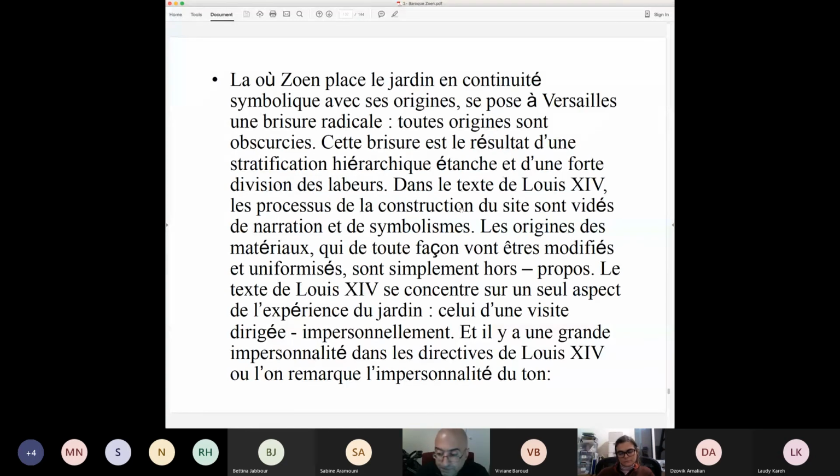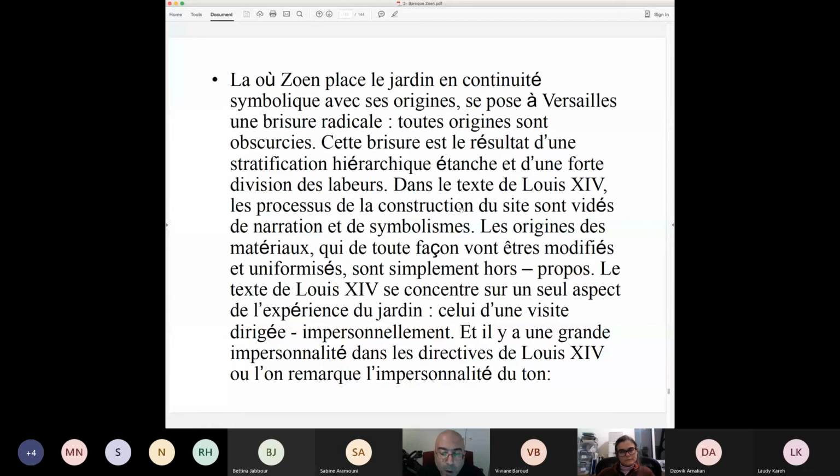On the other hand, whereas Zoen places the garden in a symbolic relationship with its origin, in Versailles, what you see is a radical break with the natural origins of all the materials.